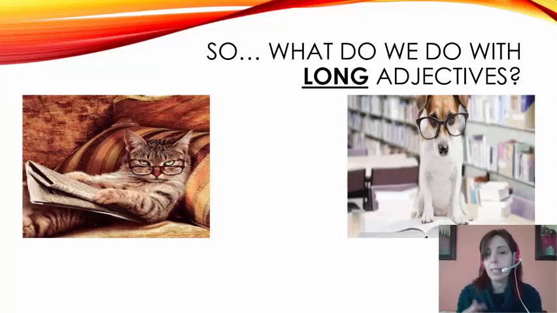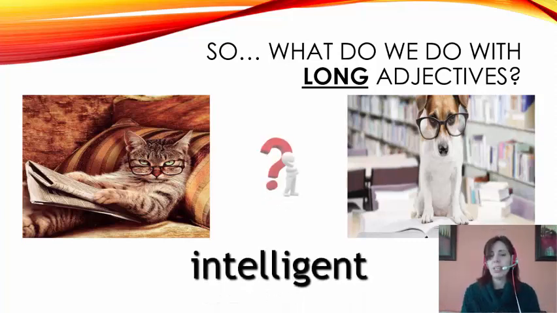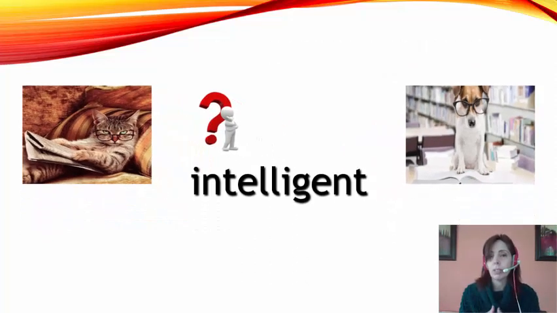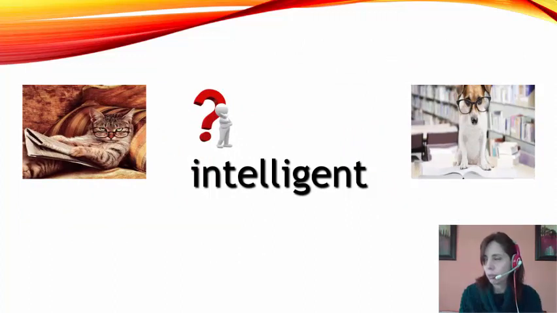So let's take an example with a long adjective. The example is intelligent. And we want to compare cats and dogs. I am a cat person, so if you ask me, I would say cats. But in general, the rule goes dogs.